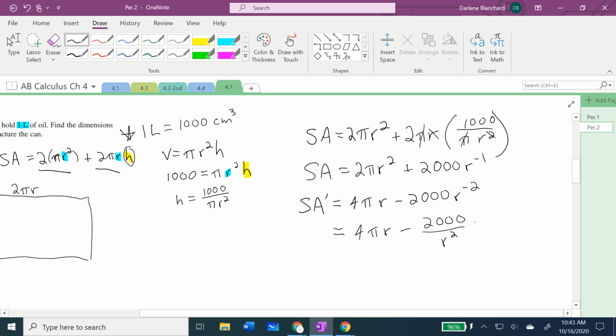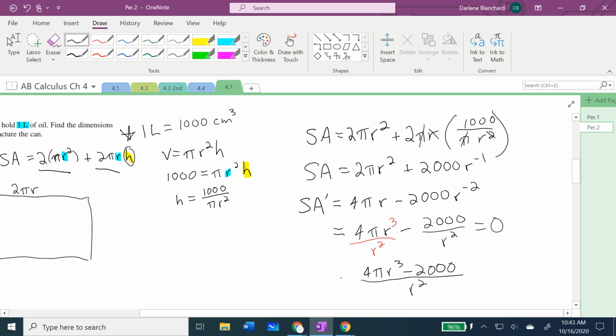Now, if I'm going to solve for what makes this equal to 0, I've got to first get a common denominator. So if I multiply top and bottom by r squared, I will end up with this. And now I can see that that fraction is 4 pi r cubed minus 2,000 over r squared.